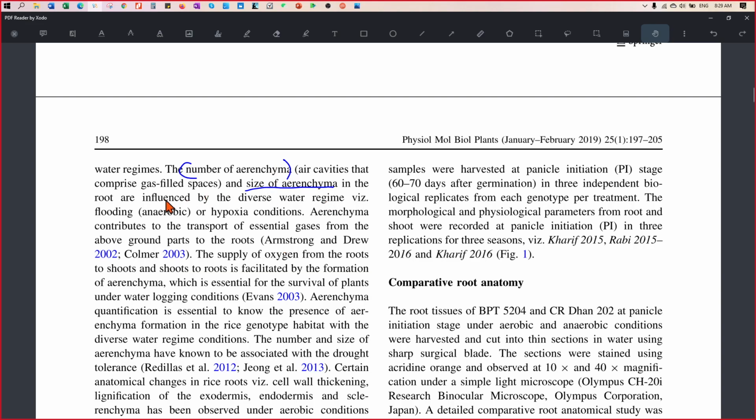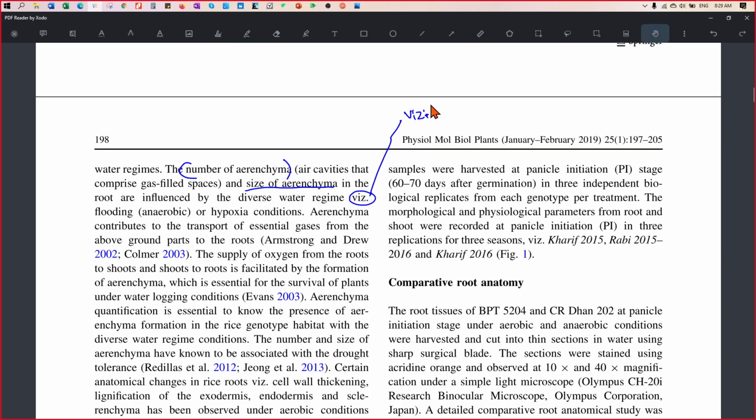Okay. And the roots are influenced by the diverse water regime, viz. flooding, anaerobic and hypoxia condition. Sometimes in science papers, they like to use this kind of word, viz. What is that? This is Latin.